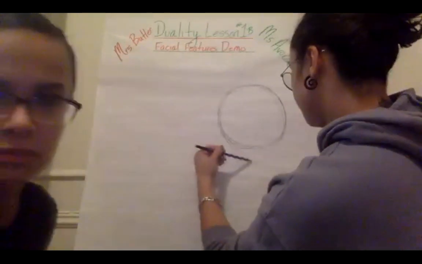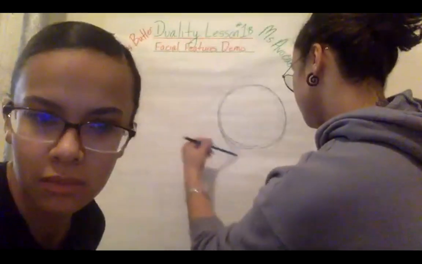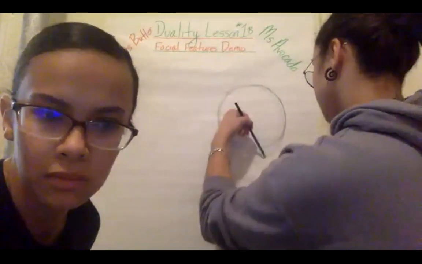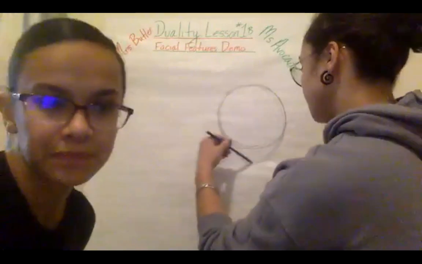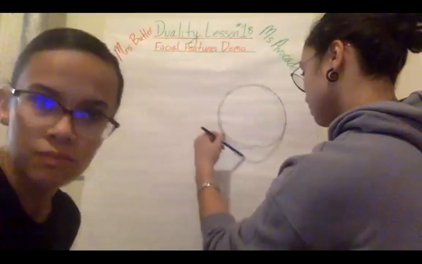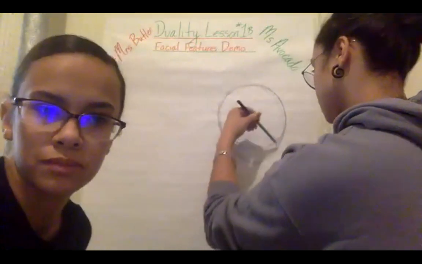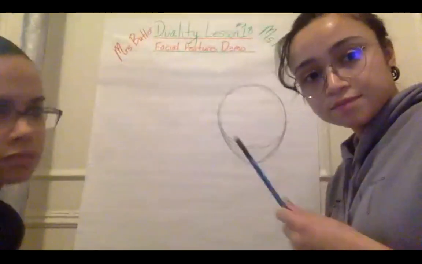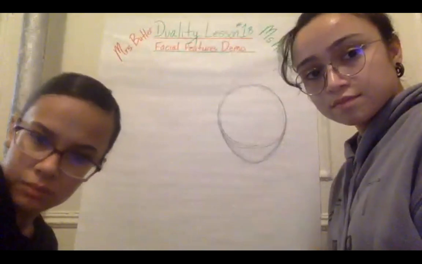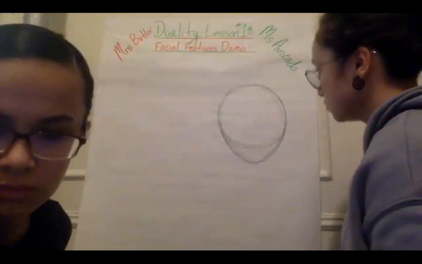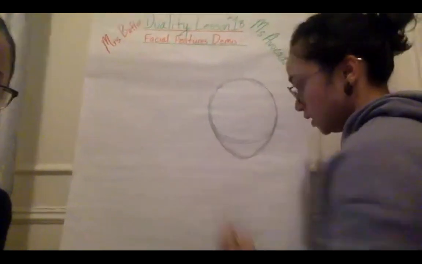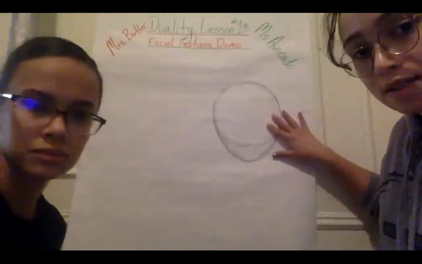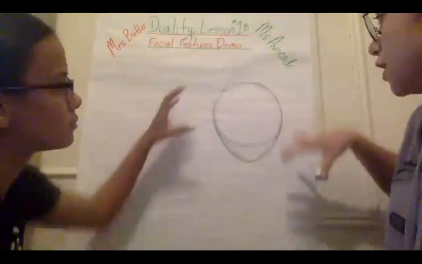Some of you may want to work from a picture or a selfie of yourself, so have a selfie, a picture, or a mirror by your side so you can look at your own features and put them down on paper. As you can see, this is just the basic egg, the little upside down egg that we like so much.